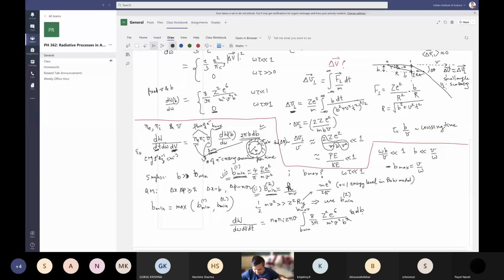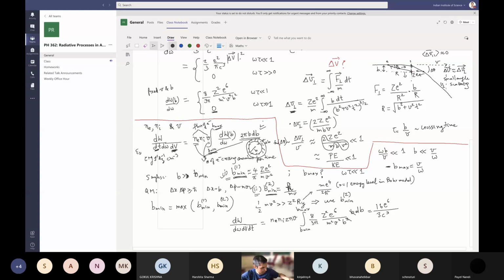So this integral becomes dB by b, which is d log b. So this is equal to 16 e to the 6 by 3 c cube.